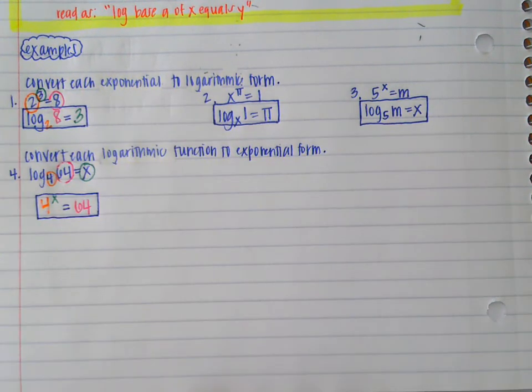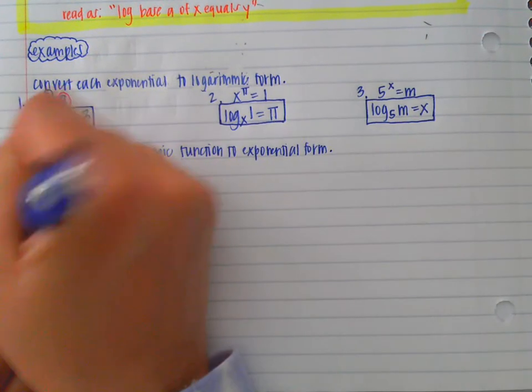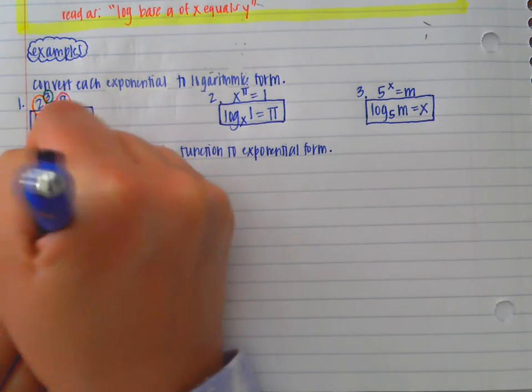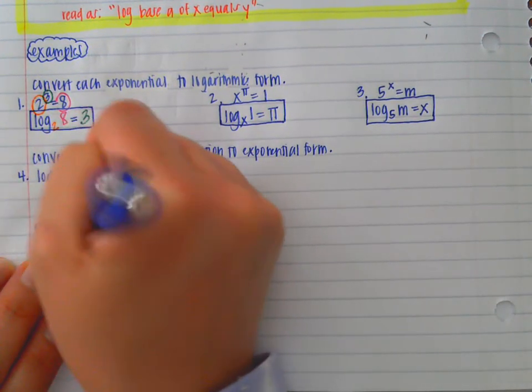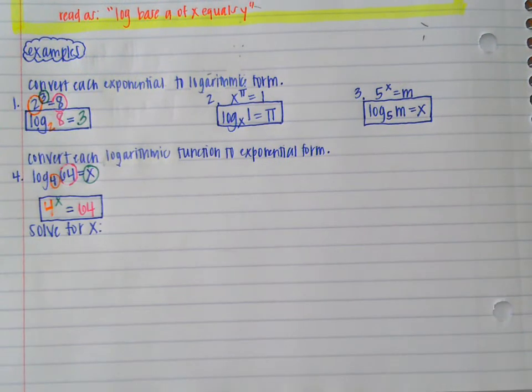Now, we could go one step further. What if we solve for x? Well, what is x here? We can throw it back to 5-3 and think about whether I can get 64 to have a common base as 4. Can I rewrite 64 with a base of 4?